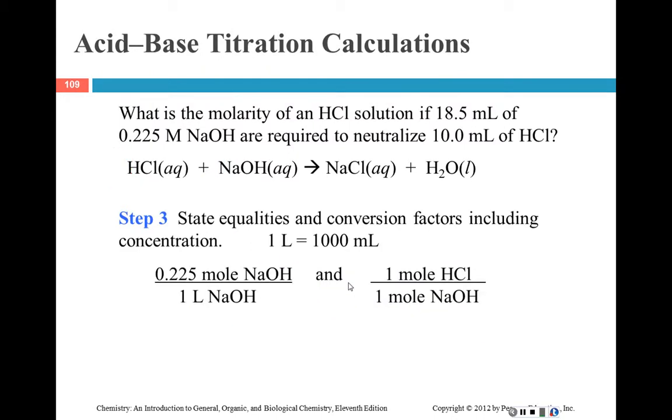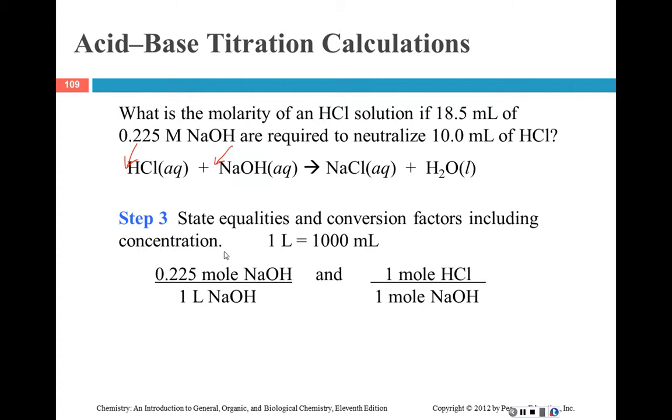So what you're going to do is, you've got those equalities like we've learned about when we were doing stoichiometry, and you can go back to that chapter if you need to refresh yourself on those. But we know that because of the way this is, it's a 1-to-1 this time, 1 hydrochloric to 1 sodium hydroxide.